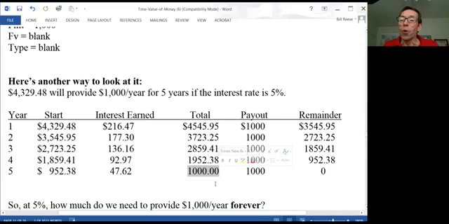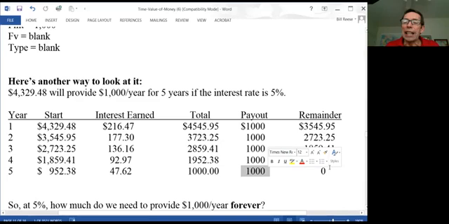Exactly $1,000, which you decide to pull out, because this year you decide you want to just fly out to Hawaii for the weekend. So you fly out to Hawaii for the weekend, fly back, and that leaves you exactly $0 in your account. Coincidence? No.